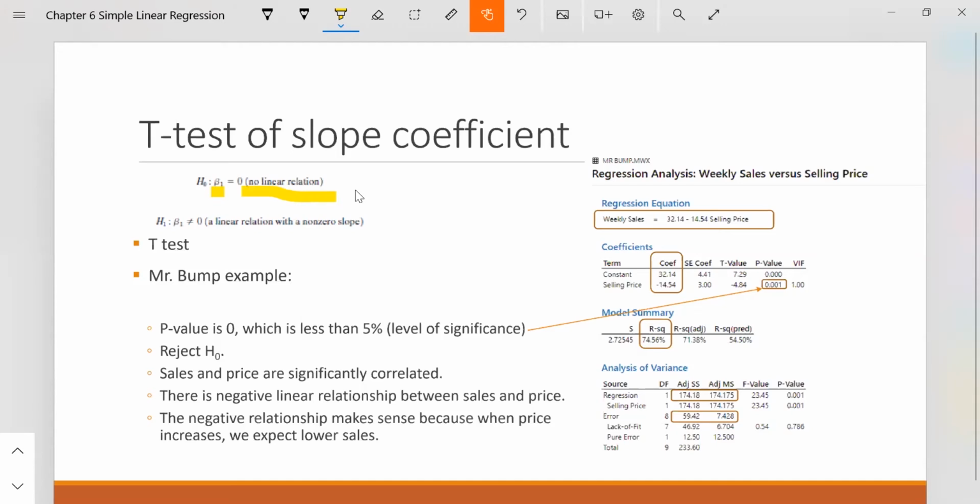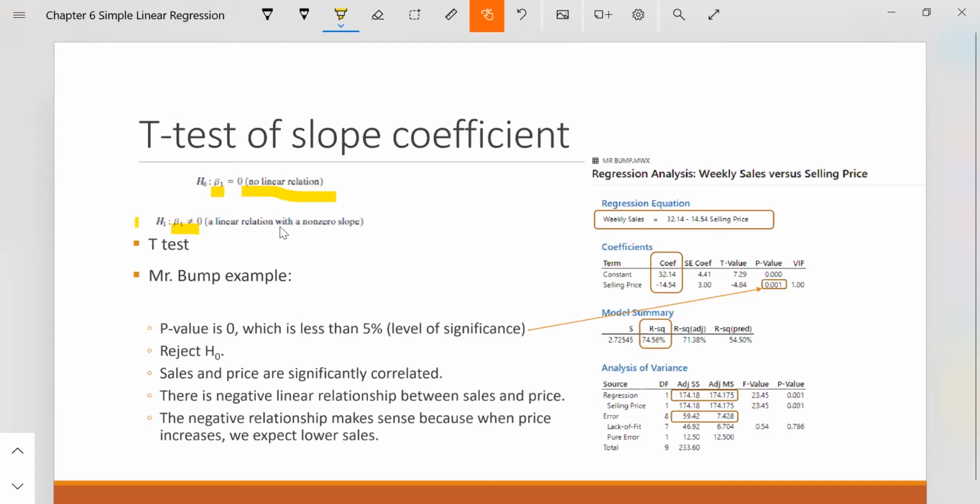So the null hypothesis means there's no linear relationship, which basically means you shouldn't have estimated a simple linear regression in the first place. Now, the alternative states that the slope coefficient is different from 0, and we like that. As long as the slope coefficient is different from 0, then we can say there's a linear relationship between the two variables, all right?